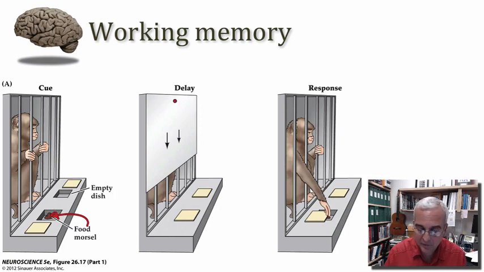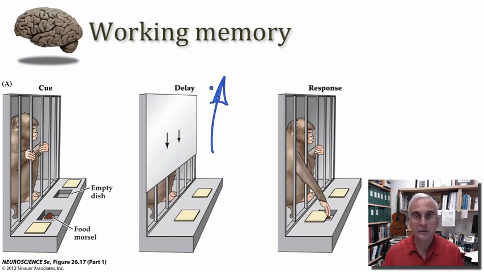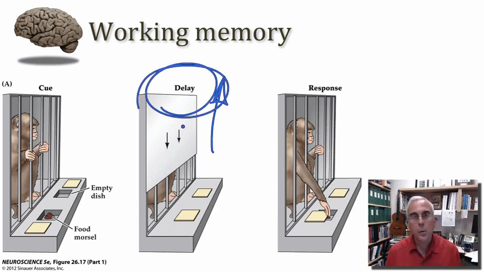So this delay is imposed by a screen that's lowered for some period of time, typically some number of seconds. So after some period of delay, the screen is now raised, and this monkey is now free to uncover the well of choice and retrieve the food morsel. So there's this period of time, this delay period, where the working memory of the animal is exercised.